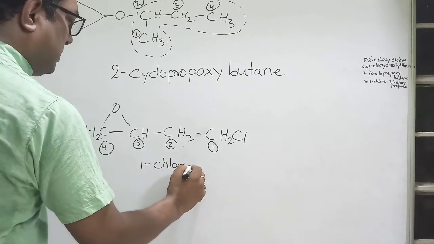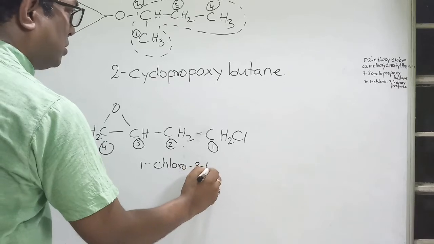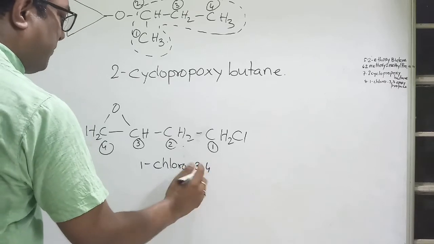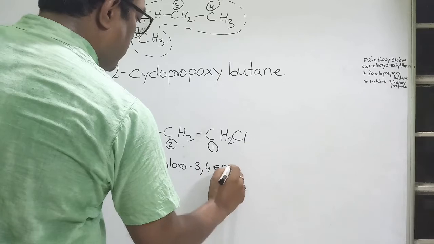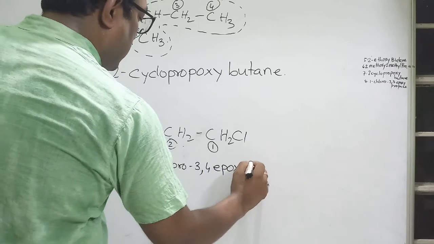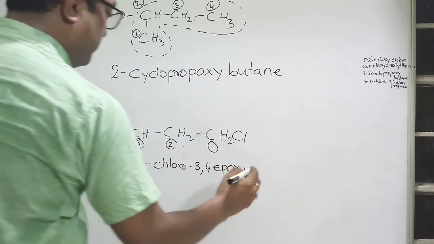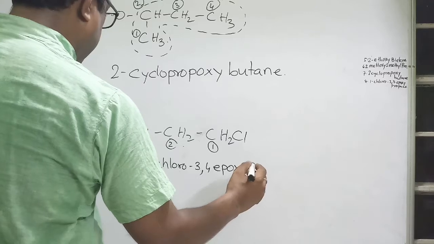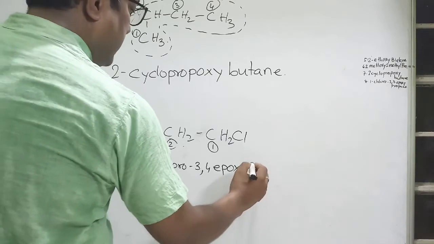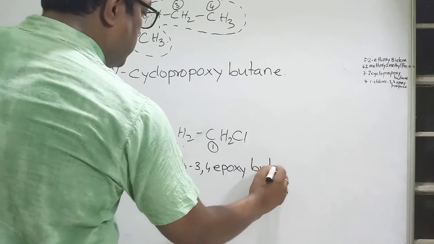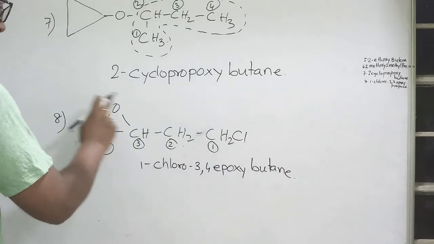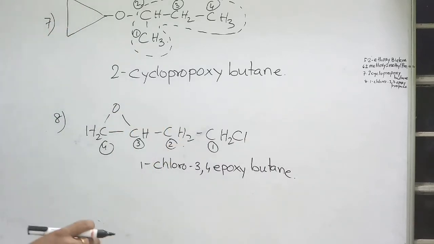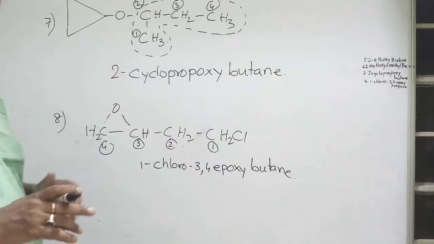So 3,4-epoxy, and there are 4 carbon atoms, so we can say butane. This is the 4th carbon atom. So 1-chloro-3,4-epoxybutane. So this is all about it.